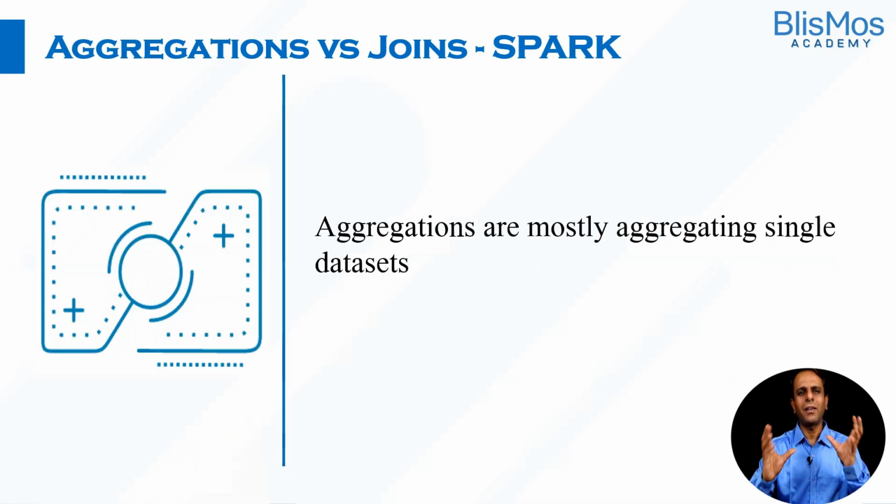As I already indicated, we have done aggregations in our previous section. But how is aggregation different from joins? If you recollect, aggregations we have done mostly on single data sets.